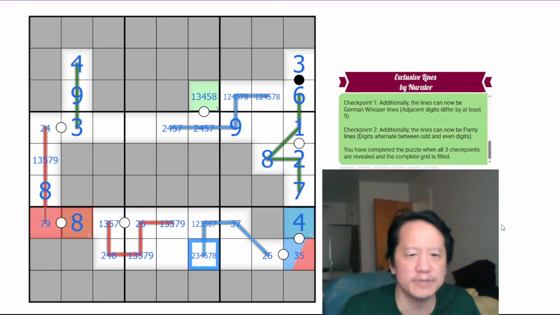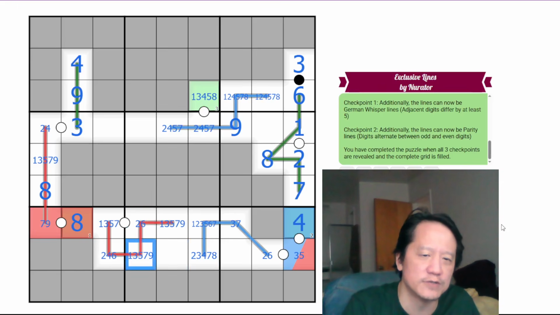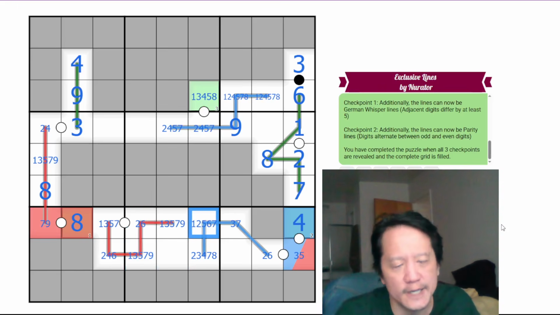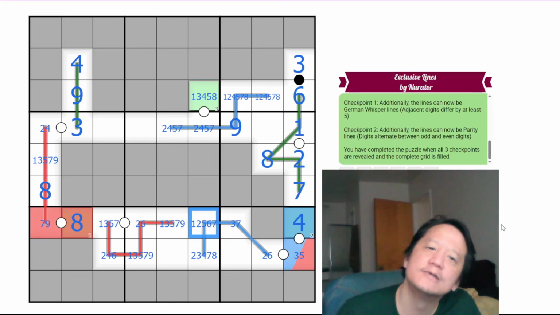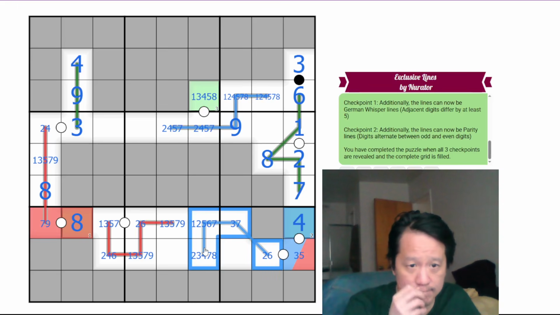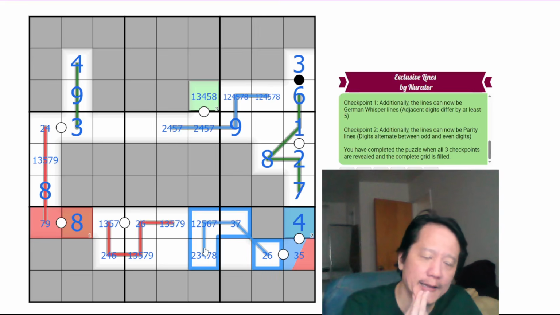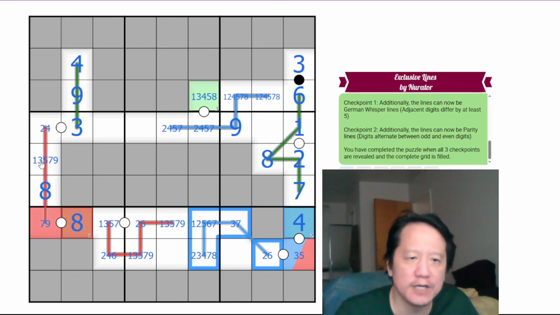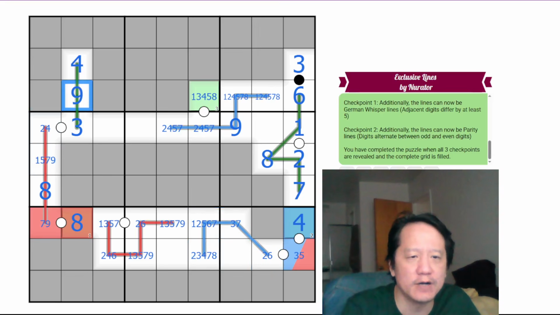That means this cannot be 6 here because it sees both of these cells, which means this can't be 3. This can't be 3 because of 3 in the box.